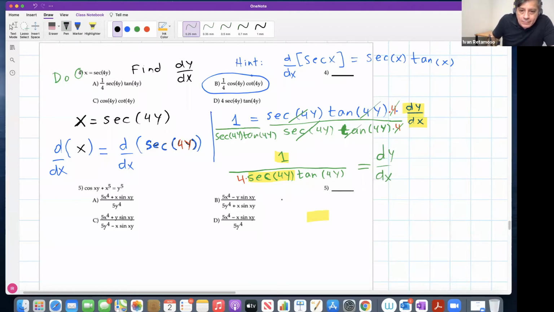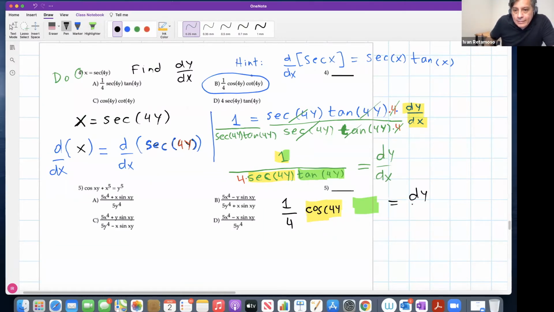This is the first 1/4, for this guy, 1/secant, cosine of 4y. Now, what is 1/tangent in trigonometry? Anybody could tell us? Cotangent.